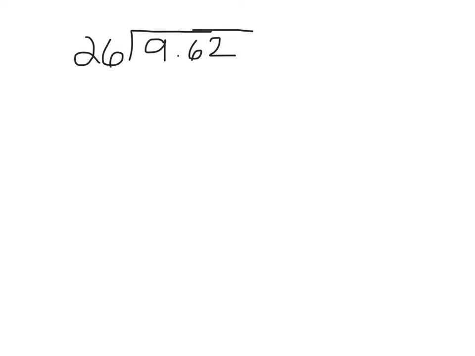Okay, here's another example. We have 9.62 divided by 26. Our first step is to bring the decimal straight up, and then we just divide. 26 does not go into 9, so we put a 0 here. 26 goes into 96 3 times. 3 times 26 equals 78.